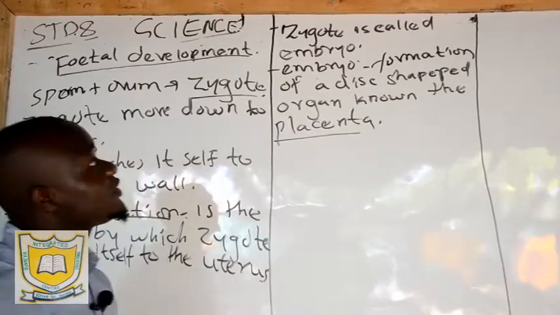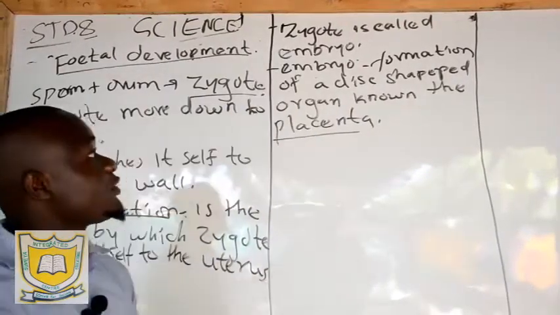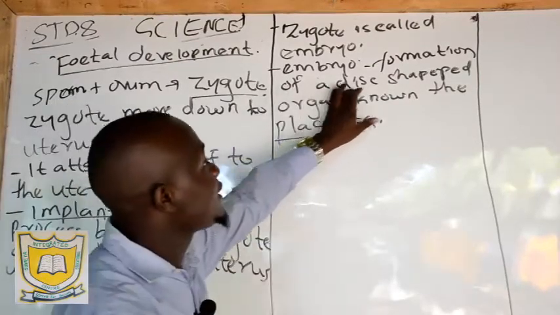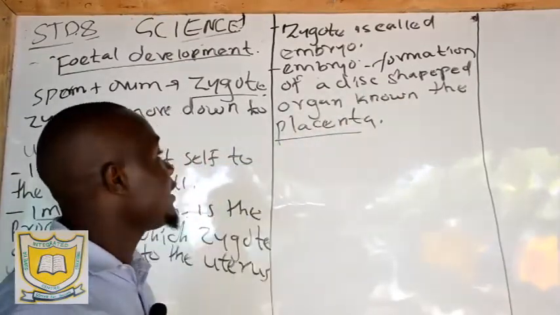After implantation, the zygote is now called an embryo, and the embryo is attached and forms what we call a disc-shaped organ known as the placenta.